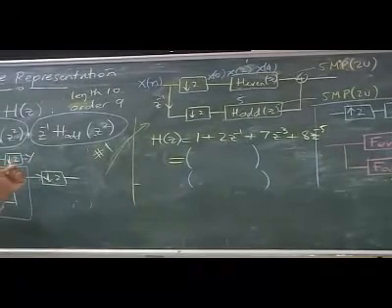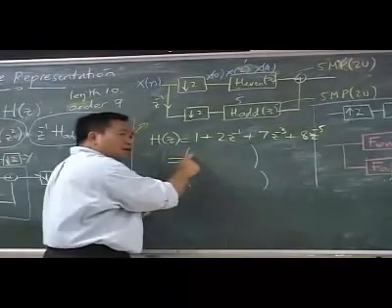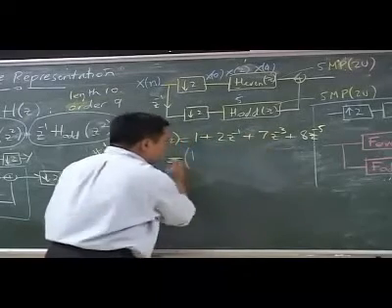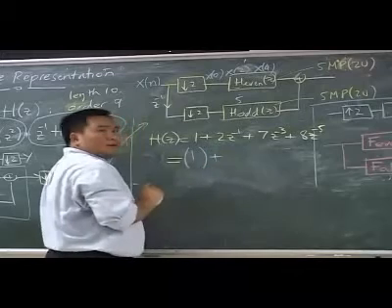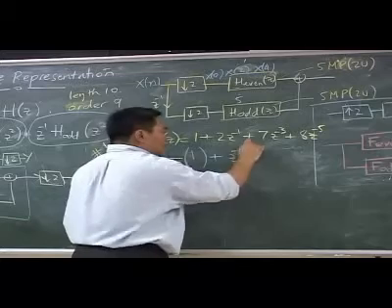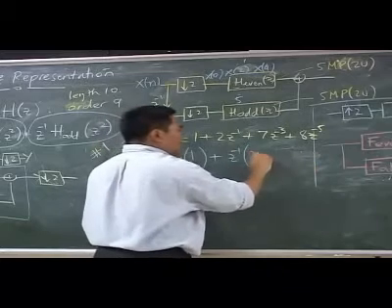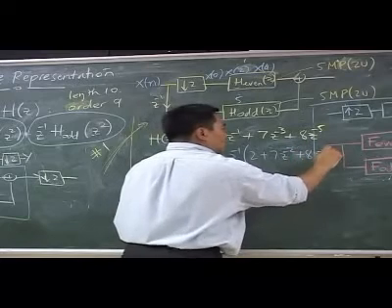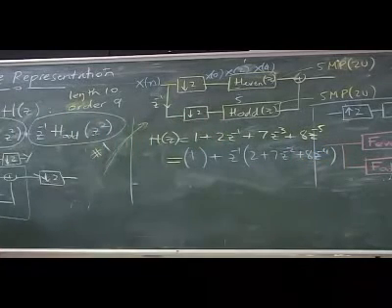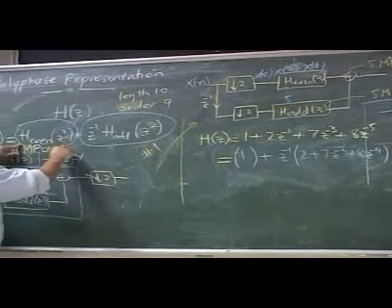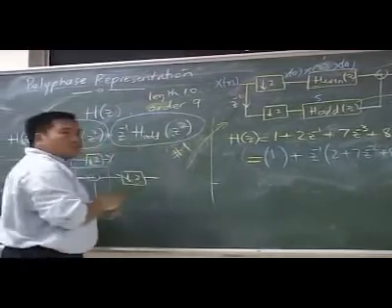Okay? You need to help me. Which powers of Z here are even? 1. Only one of them, right? How about the odd ones? Factor out Z inverse. What is that? 2, so 7 Z to the minus 2, and 8 Z to the minus 4. So as it is now, I have the polyphase form, right? H even of Z squared, plus Z inverse H odd of Z squared.